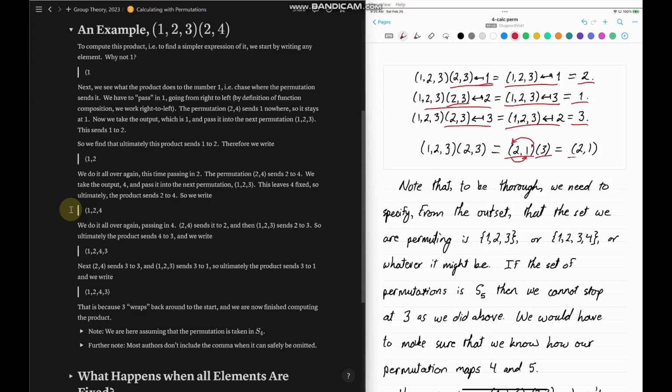It's just as well if we drop that off because in both cases, we see that 3 is left alone. It's fixed. So here you can see somewhat explicitly that 3 goes directly to 3, or here you can see that because it's not written, nothing happens to 3, and so also 3 goes to 3.